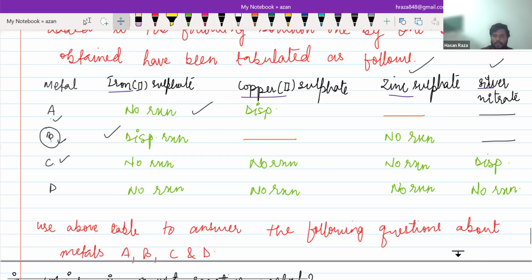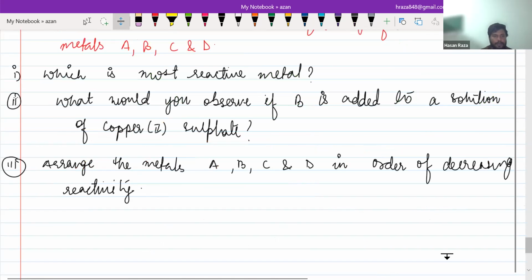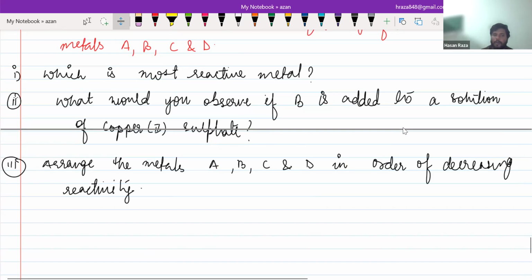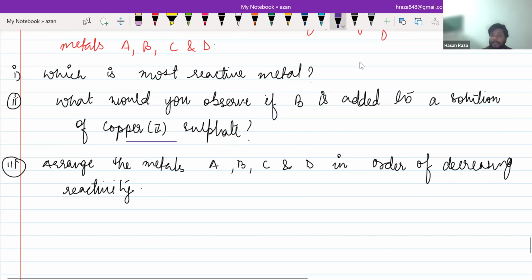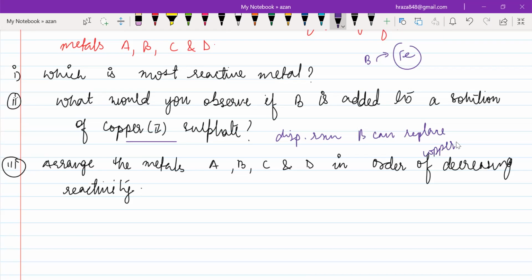Now the next question you can see. What would you observe if B is added to a solution of copper(II) sulfate? Since B can replace iron, there will be a displacement reaction also, and B can replace copper from its copper sulfate solution. Yes or no?